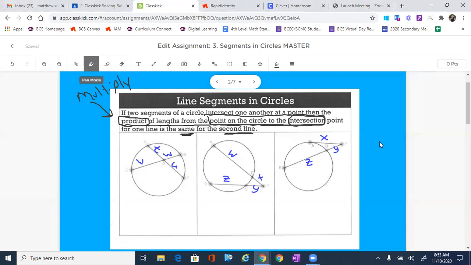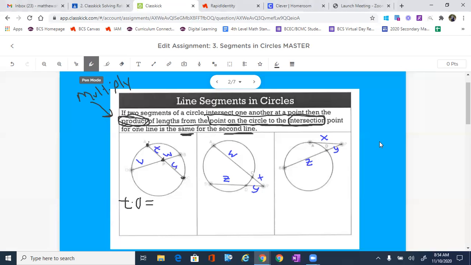On this first one, it says the product of the lengths from the point on the circle to the intersection. So let's look at A to P and P to C. They are on the same line. A to P is the length of T, and the product means to multiply, so times U, is the same for the second line.